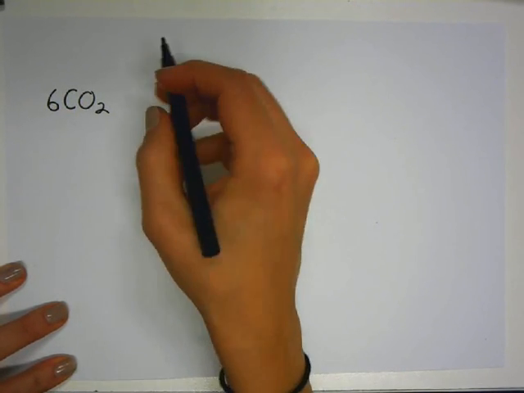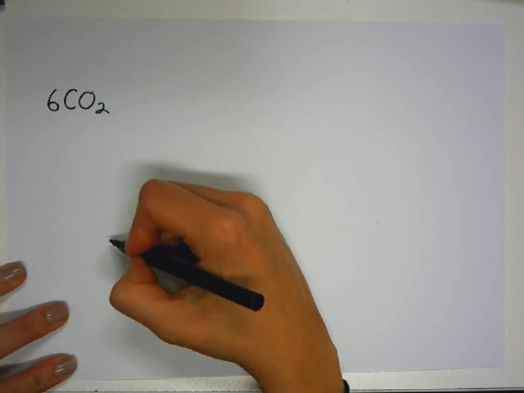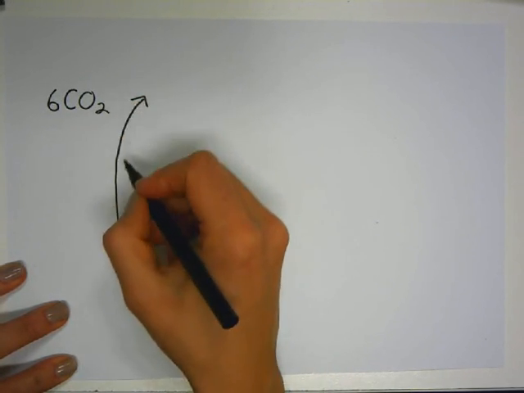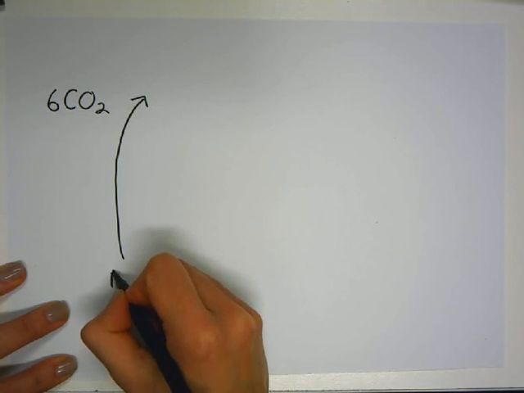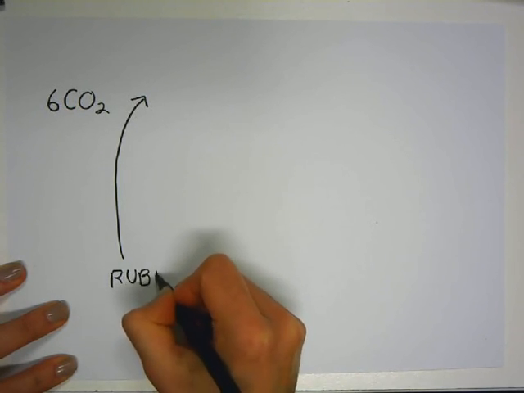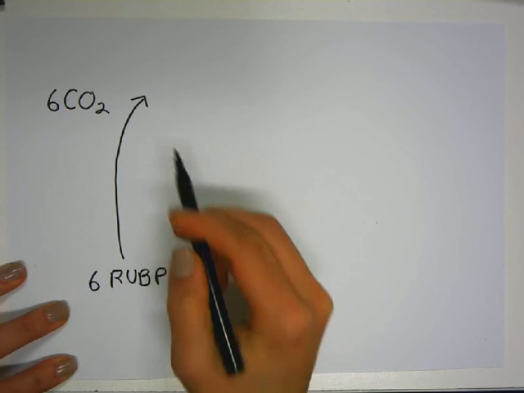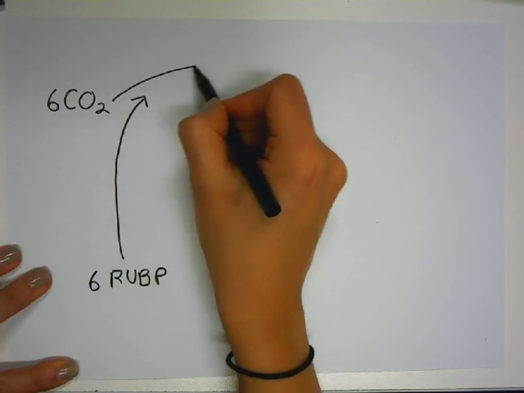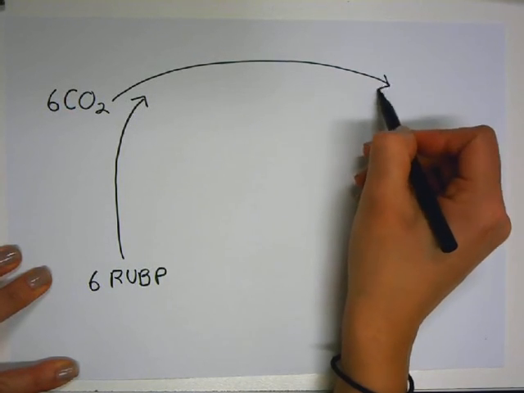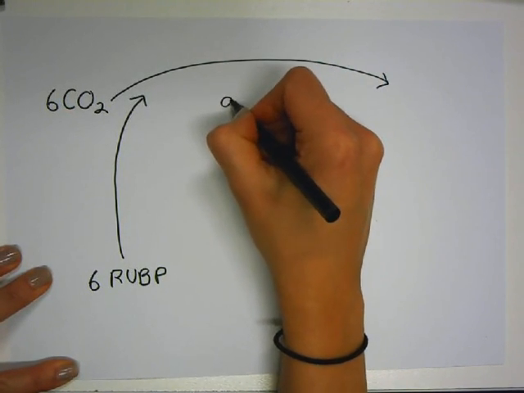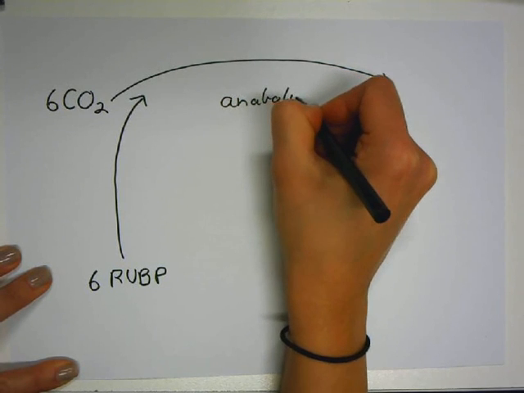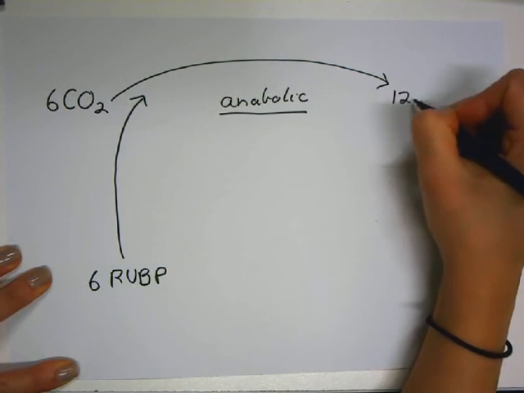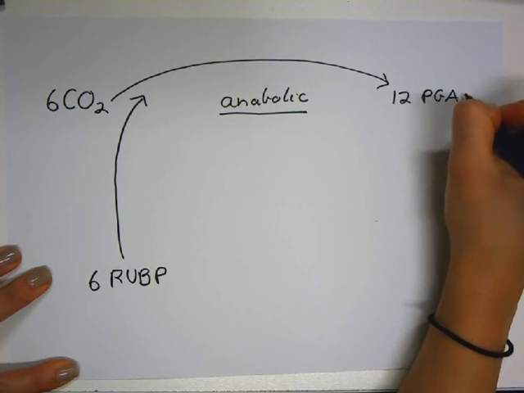These 6 carbon dioxide molecules will bind with another molecule called RuBP, 6 of those. So 6 carbon dioxide and 6 RuBP will join together, and via an anabolic reaction, that means they're building, they will build 12 PGAL molecules.